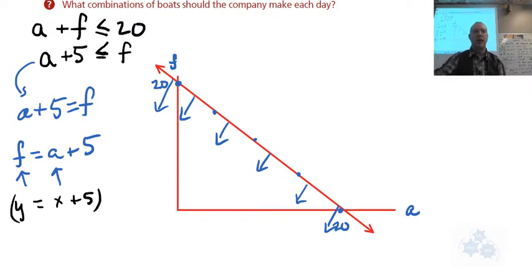So this line right here has an intercept of 5. Let's put that here: here's 10, here's 5. And a slope of positive 1. So we can go up 5 and over 5, up 5 and over 5, 10, 15. You can make a line like that. So let's do that.